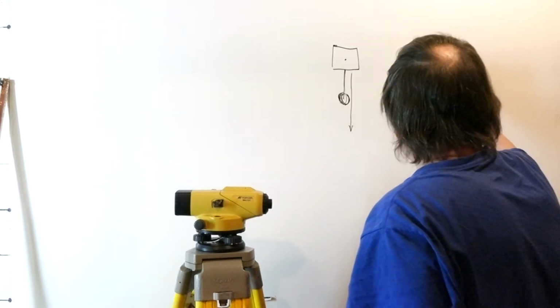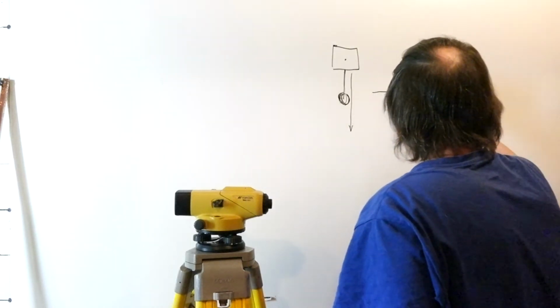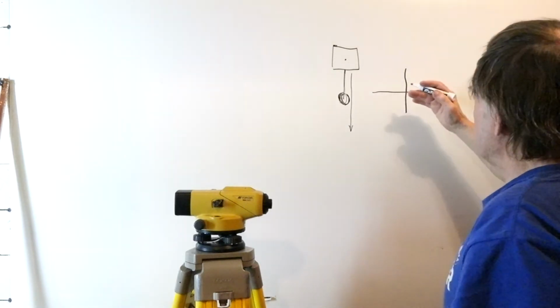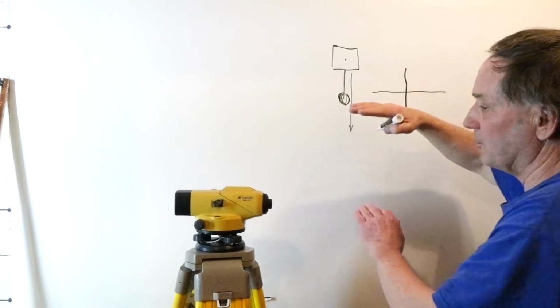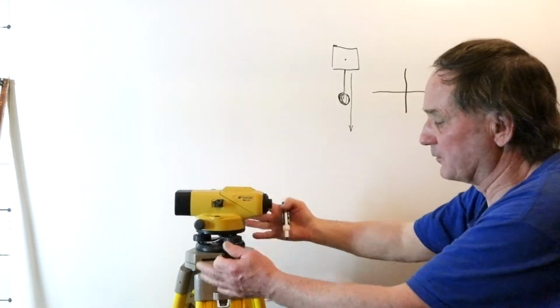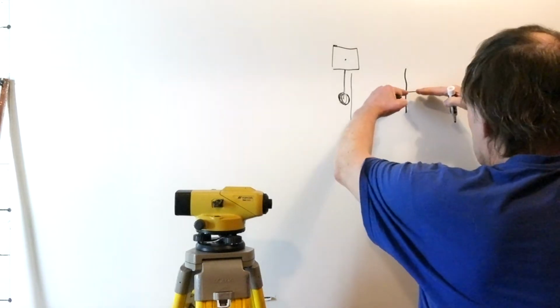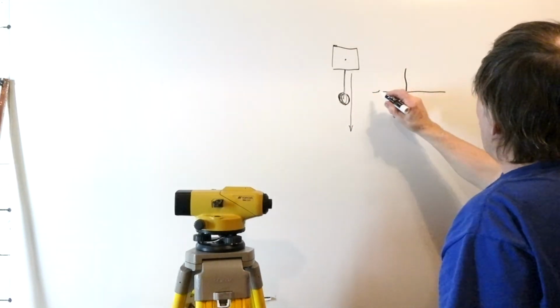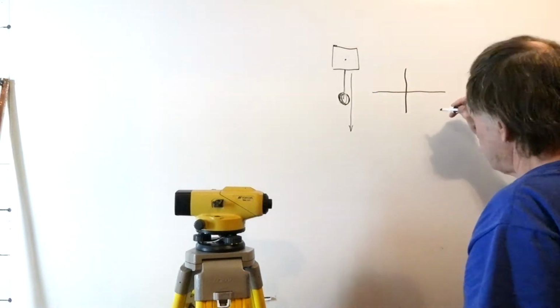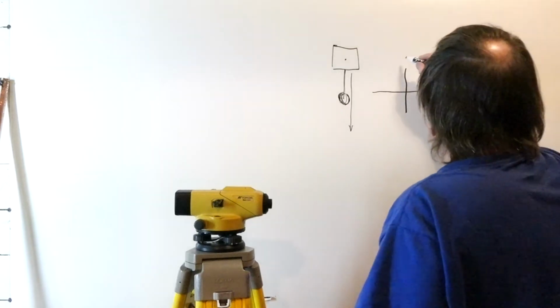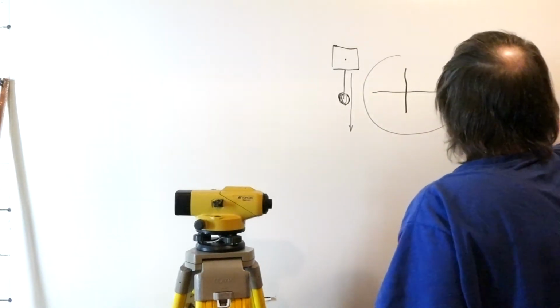You can see inside the eyepiece there's a set of crosshairs, and these crosshairs float with respect to the housing and the tripod. The compensator always keeps this horizontal crosshair level with a gravitational equal potential when you're looking through the eyepiece.